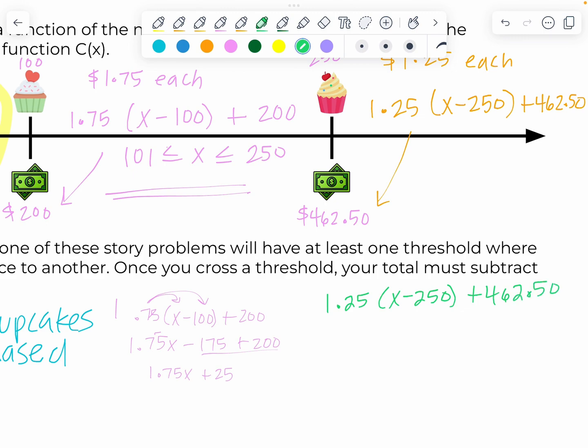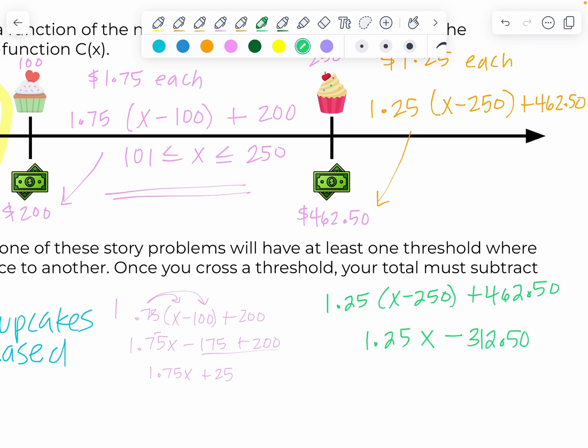We're going to distribute out the 1.25, which is going to give us 1.25X minus $312.50.